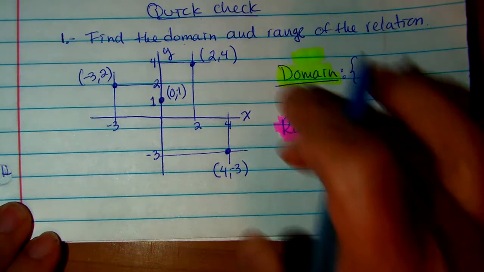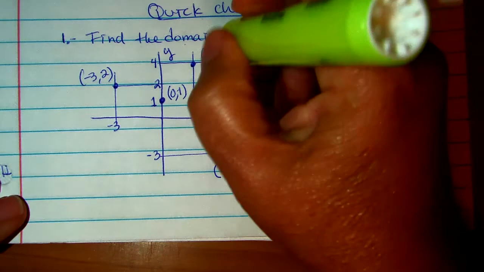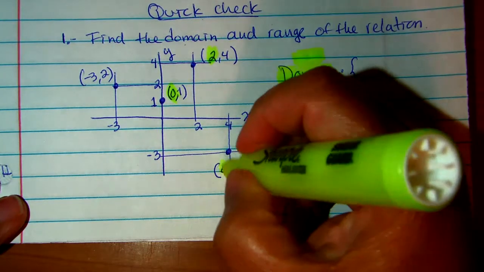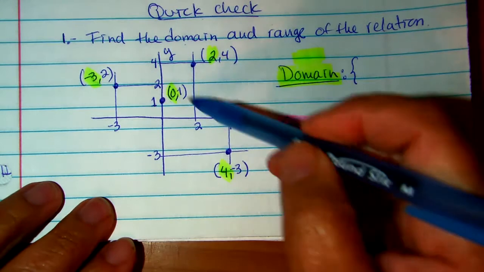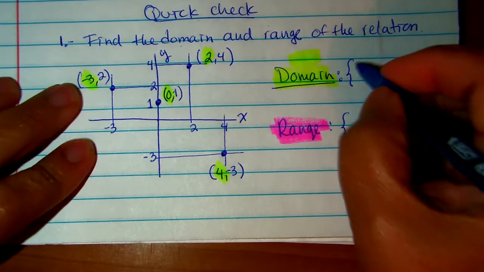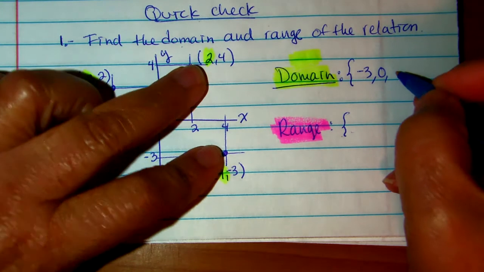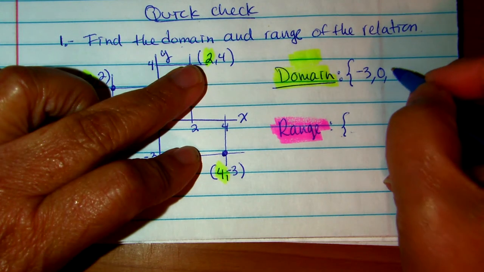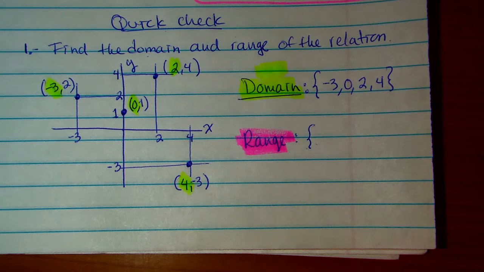So based on these points that we have right here, we're going to highlight the x's, and those are the x's. So it means that these are the numbers that we're going to list here. I'm going to begin with the -3, the 0, the 2, and the 4. And these are the elements of the domain.